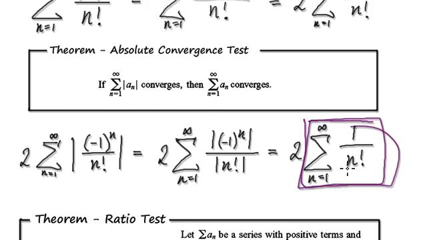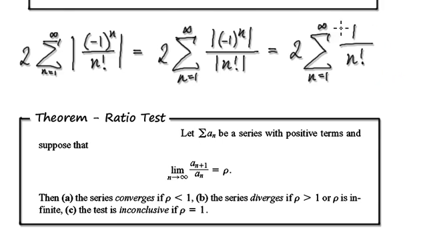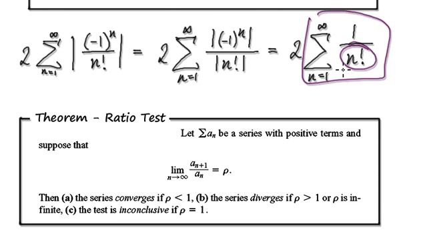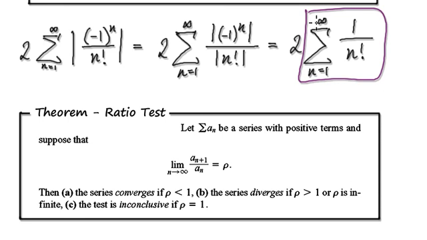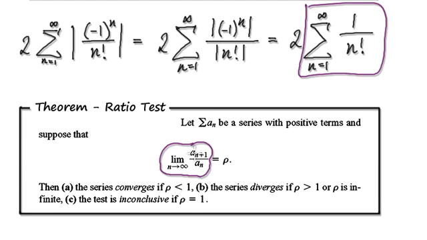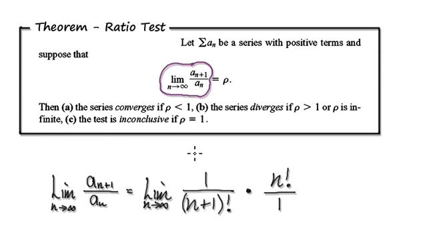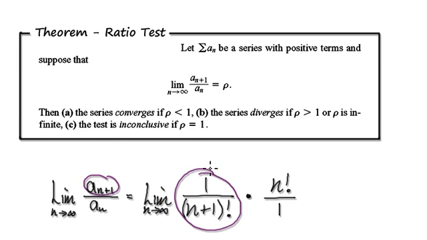So looking at this, because this contains n factorial, think about the ratio test. So apply the ratio test on this. Applying the ratio test, we always need to compute this value here. It's saying get the next term divided by the current term. So a_(n+1) is this.